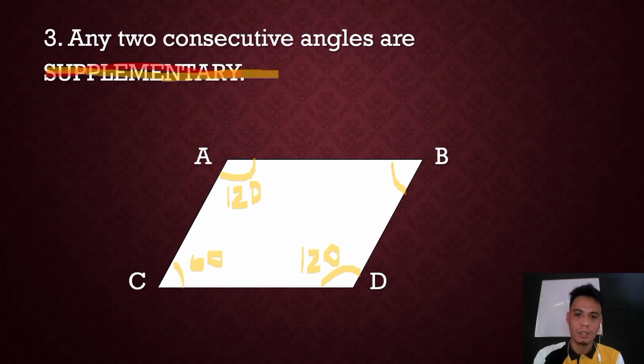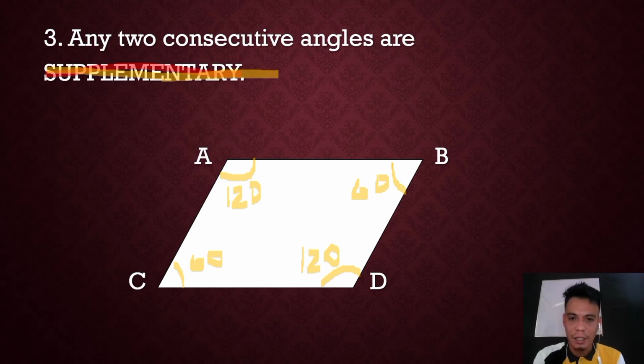Ang hirap po magsulat guys, no? Ayun, 60 degrees. Okay, so any two consecutive angles are supplementary. So kapag pinag-add daw natin yung dalawang magkasunod na angles, it measures 180 degrees.